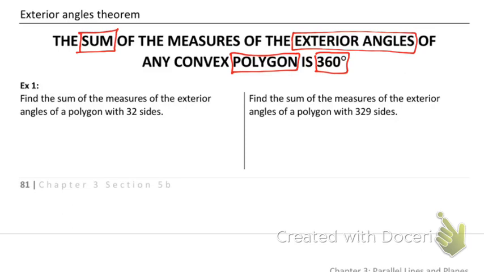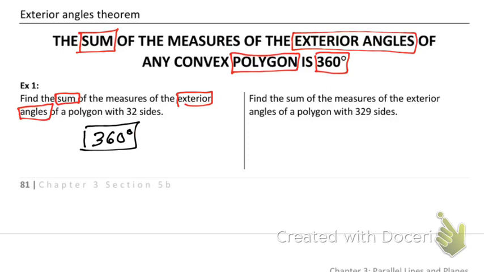If you remember, there was a hard one with measure of angle 9 plus measure of angle 8 plus measure, and you came up with the two remote. It turned out to be 360 when you added them all up. So find the sum of the measures of the exterior angles of a polygon with 32 sides. Once again, I see sum, I see exterior angles. Sum of exterior angles is always 360 degrees.